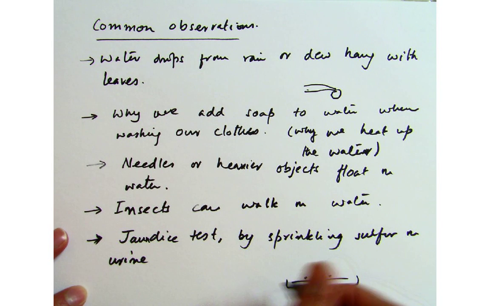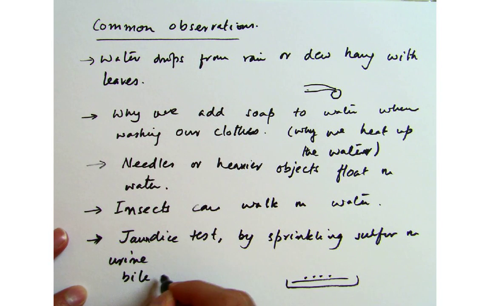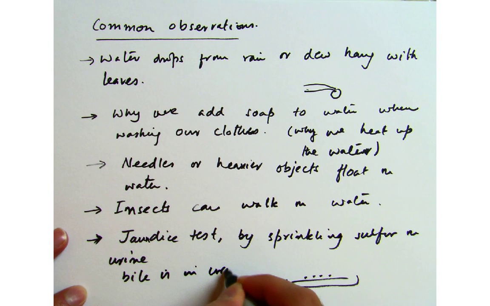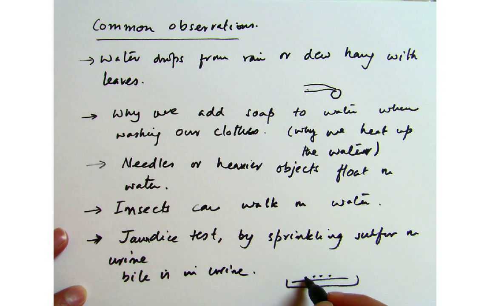If bile is in the urine, then the sulfur will sink to the bottom, and you can find out if the person has jaundice or not. So these are some of the observations, and in fact there are very many applications.